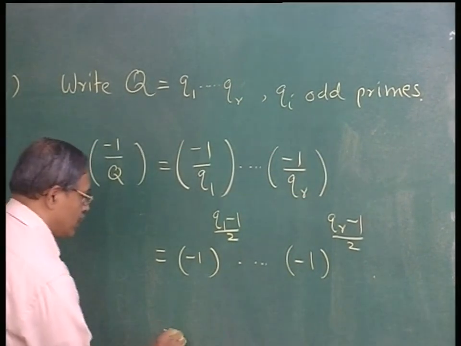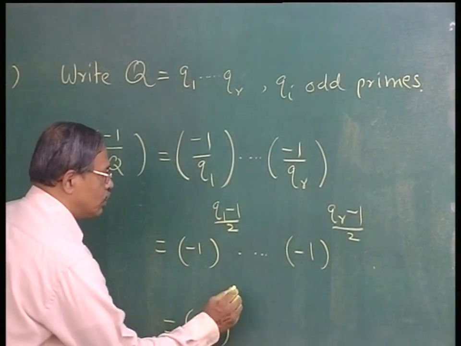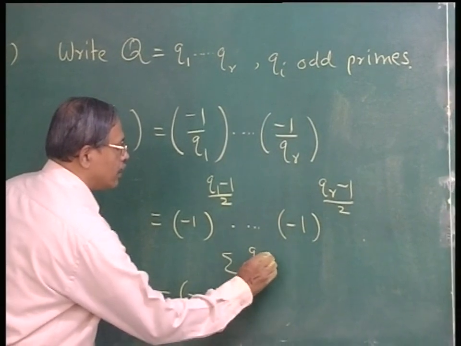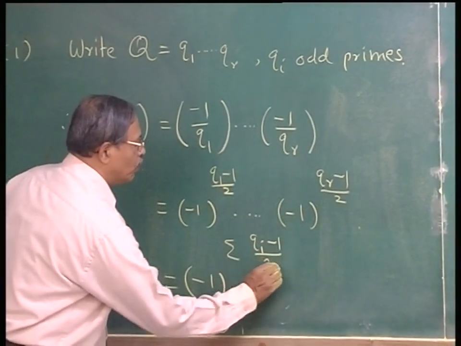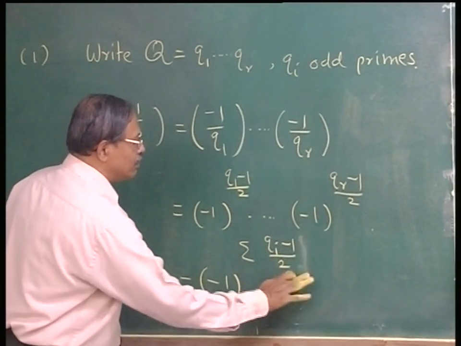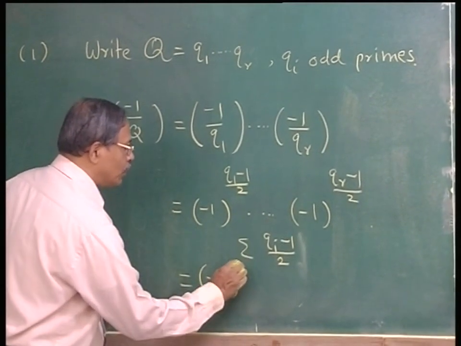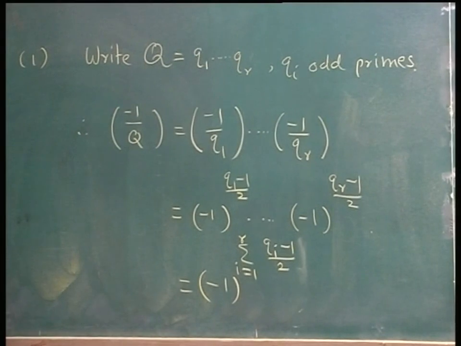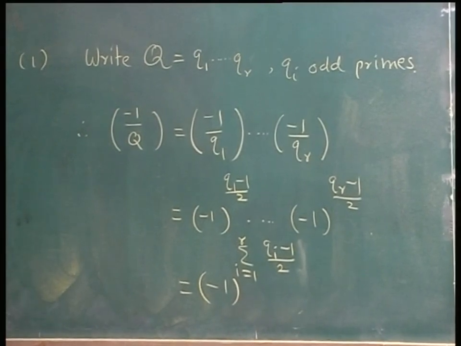This is (-1) raised to the summation of (Qi-1)/2, i equal to 1 to r.